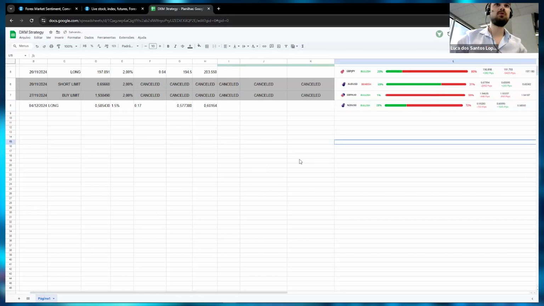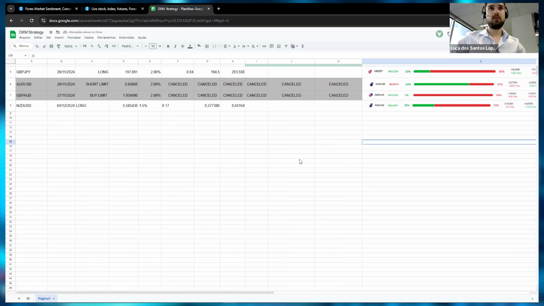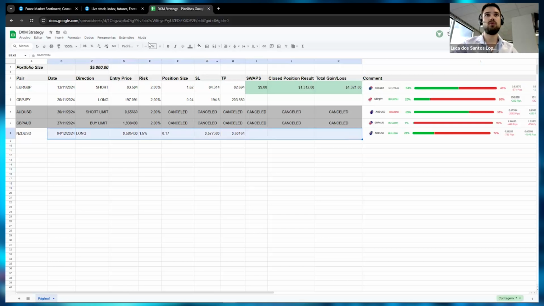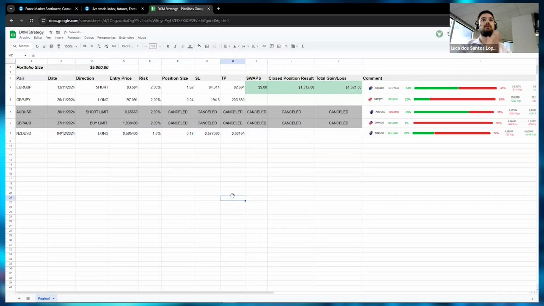So we are long on NZDUSD, and we are looking to catch a 1 to 2 trade risk reward. So I think that's going to be good. What do you guys think?